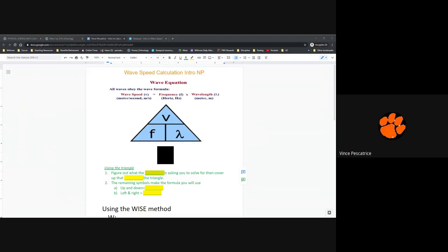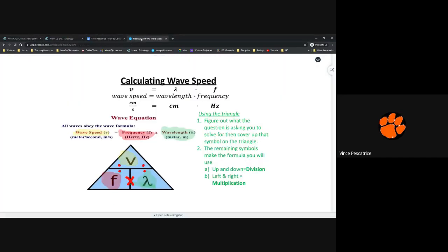I'm going to mark that on the chart down here, so that should help you remember: up and down is division and left and right is multiplication. If you look at your notes and you're watching my screen right now, you don't have to highlight that on your screen. I'm just showing you what you need to see as far as the wave speed goes. So remember, it's wavelength times frequency.